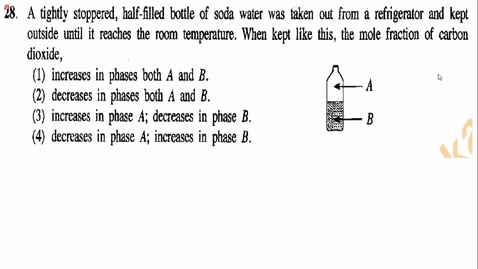It is going to leave the water, the aerated water, and collect in the space in the bottle cap. So we can conclude that the third answer is correct: phase A empty space, phase B aerated water. Carbon dioxide is coming from the water to the space.